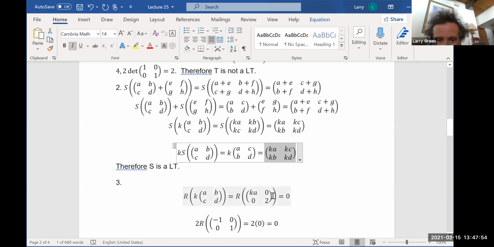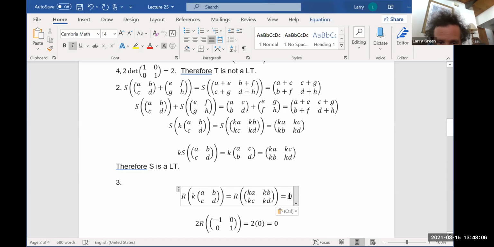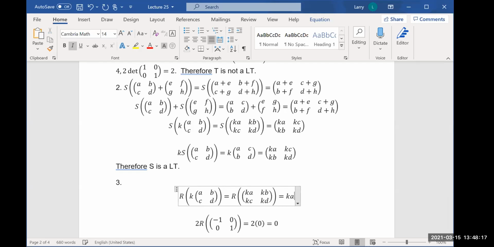So much easier. And what is the trace of K times the matrix? KA plus KD.